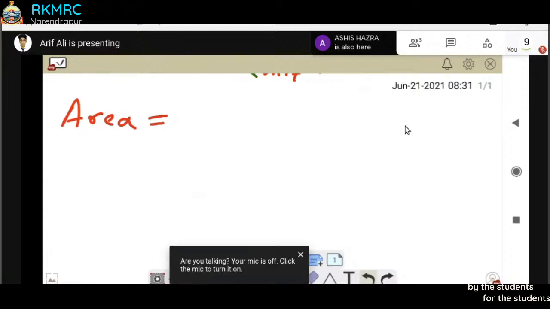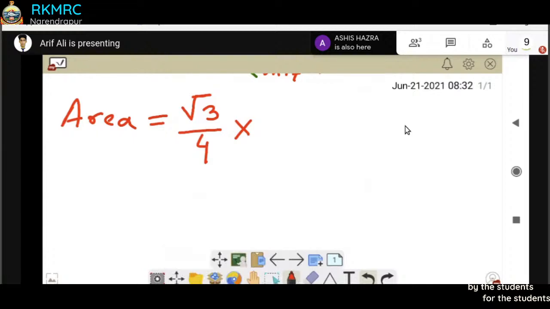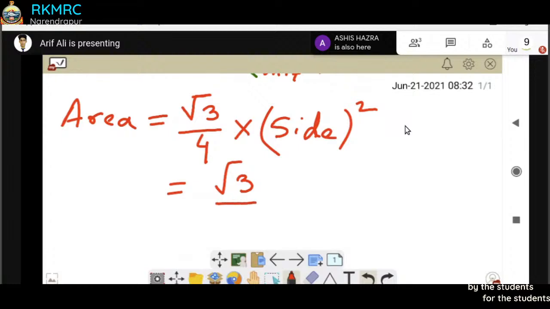The formula for this is root under 3 by 4 into side square. Side square. So over there we had root under 3 by 4 into A, unit square.